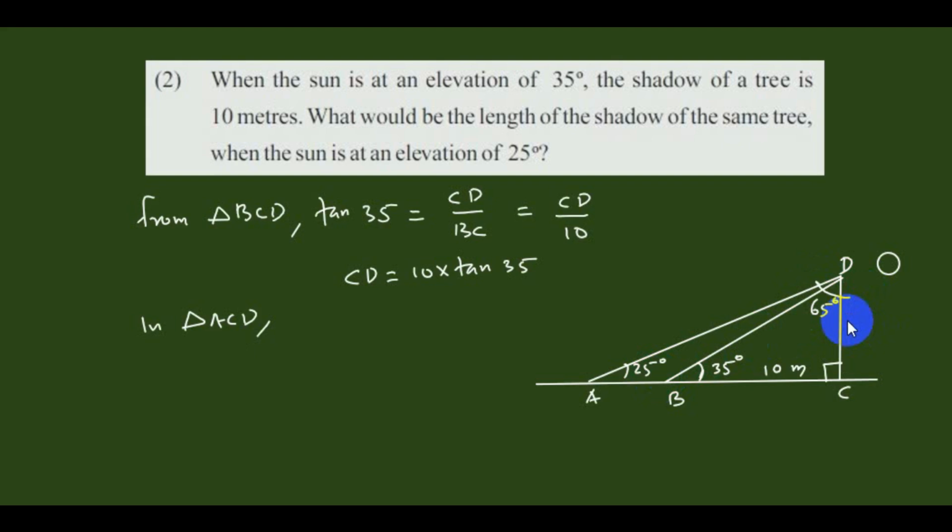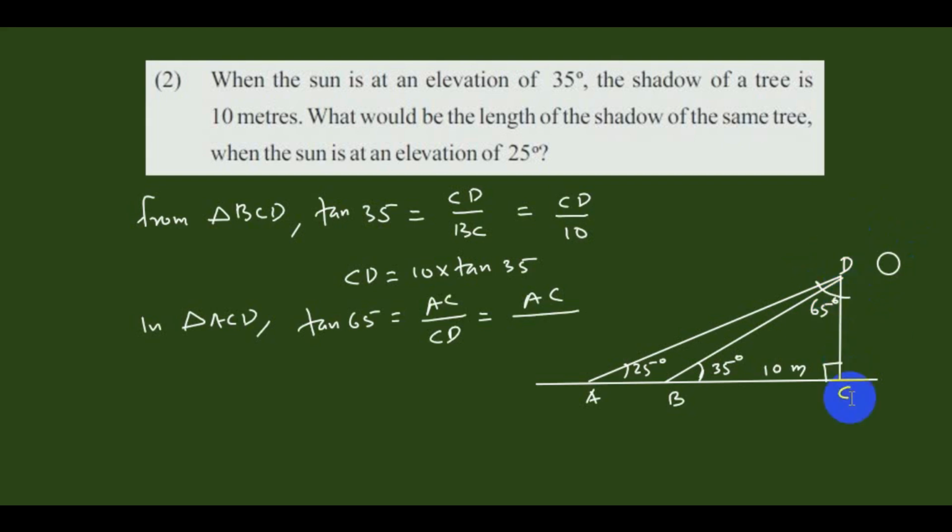From triangle ACD, tan 65 is equal to the opposite side of the 65 degree angle, that is AC. It came in the numerator, and it is unknown. When it is in the numerator, we only need multiplication. AC divided by the adjacent side CD, that is AC by CD.